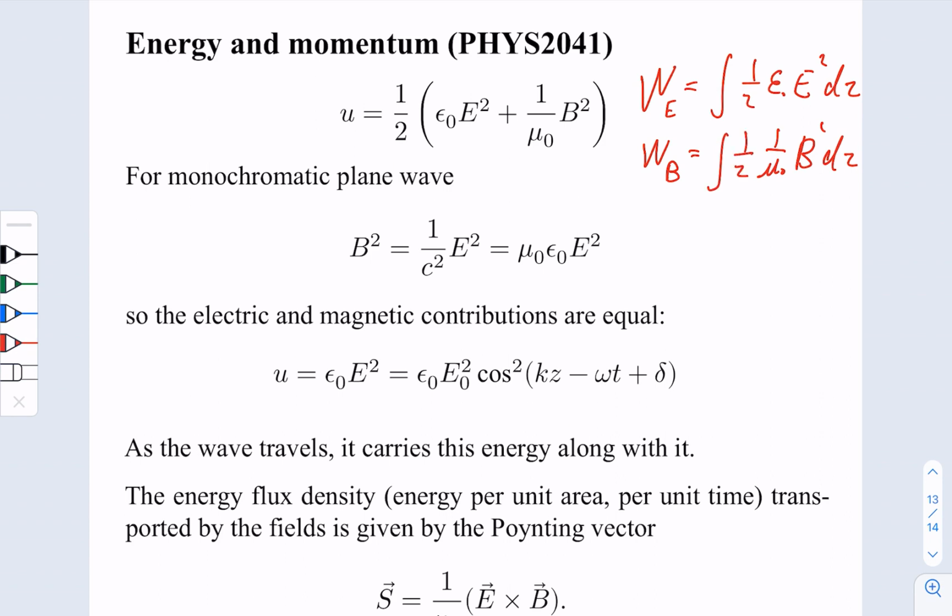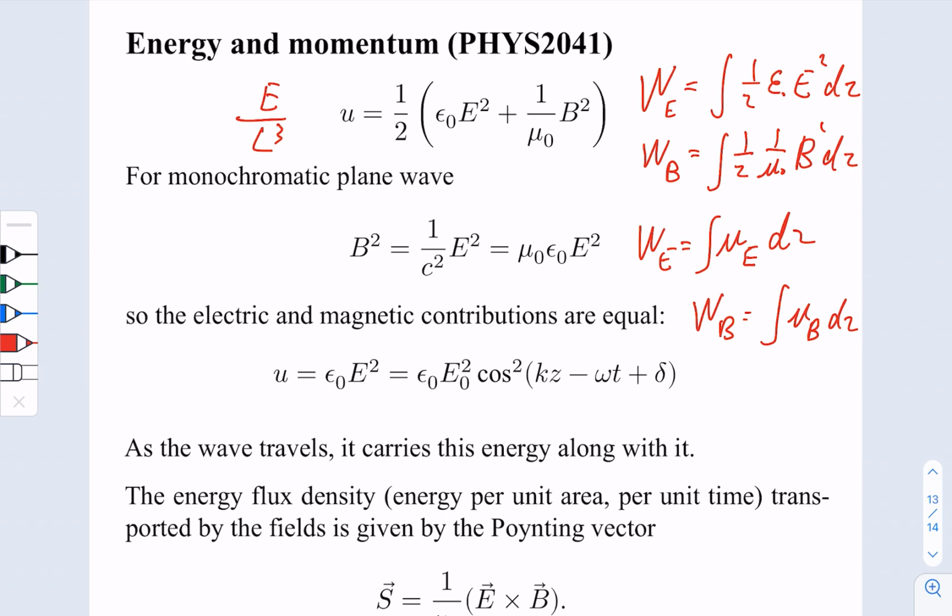Integrating over u_E gives us the total electric energy, and integrating u_B gives us the total magnetic energy. So this u is the energy density, which has the unit of energy over length cubed.